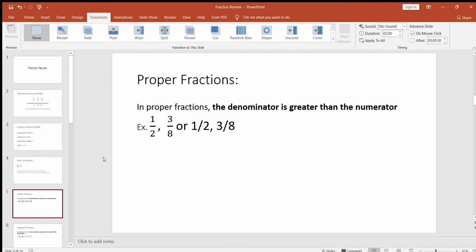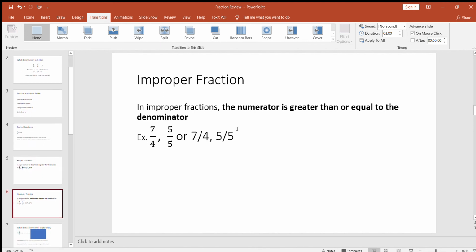Now, since there's a proper fraction, there should also be an improper fraction. So what are improper fractions? They're basically the opposite of proper fractions. The numerator is greater than or equal to the denominator. So it's not just bigger than.